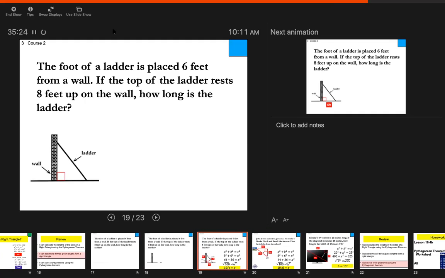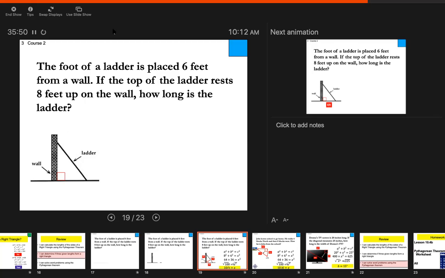Some kids just can't picture this in their head. They think the ladder goes flat up against the wall. That ladder falls down, right? Granted, that's a pretty steep angle. But in general, all ladders tilt onto the building, and it makes a right triangle.